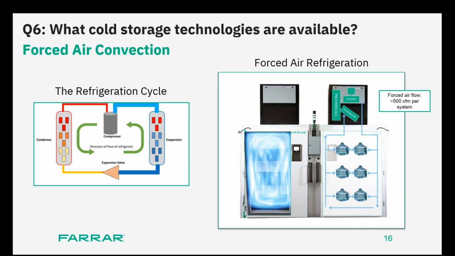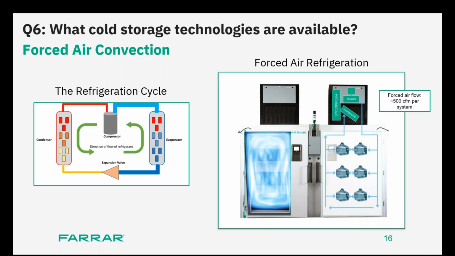It's about 500 cubic feet per minute. That airflow is a mechanical force that aids in better heat transfer efficiency, which helps with sample cooling and freezing. If you were to compare, the heat transfer efficiency would go up by a factor of almost 5 with forced air convection versus standard cold wall.